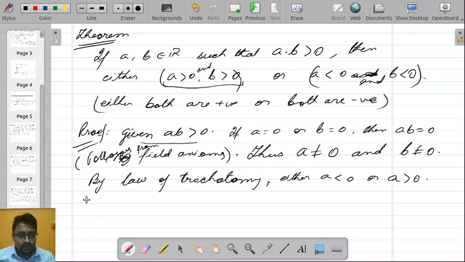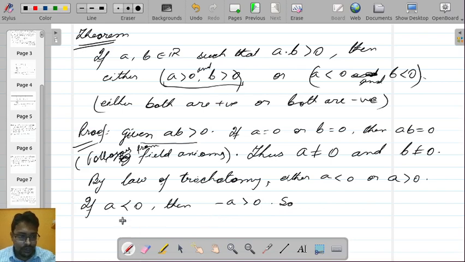Let us see if A is less than 0, then what happens. If A is less than 0, then we have minus A is greater than 0, right? So 1 by minus A.